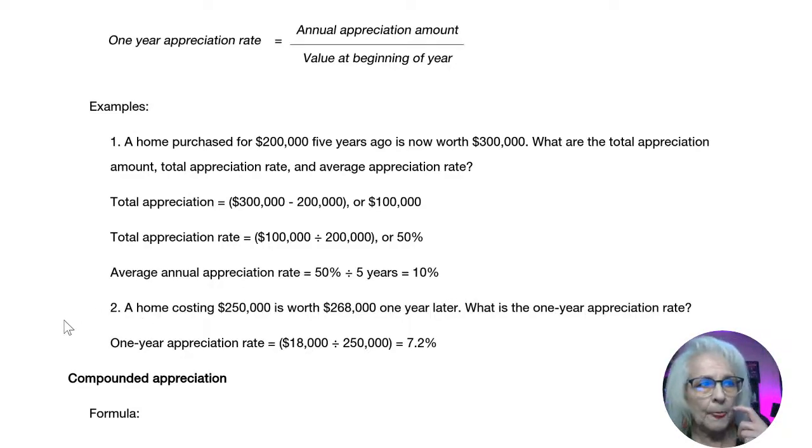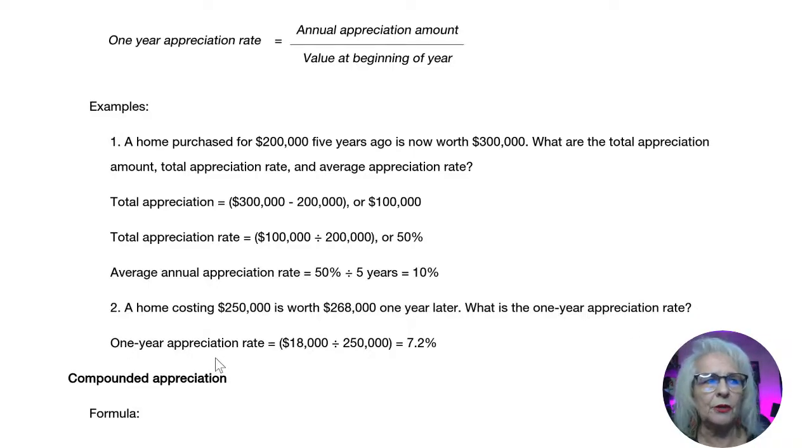That's awesome. Number 2, a home costing 250,000 is worth 268,000 1 year later. So that's an 18,000 increase in 1 year. What is the 1 year appreciation rate?